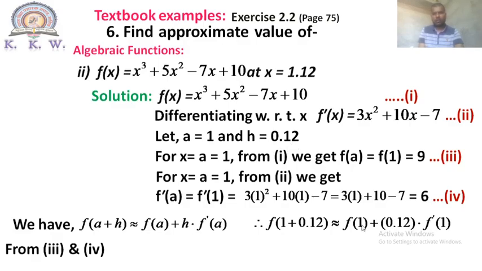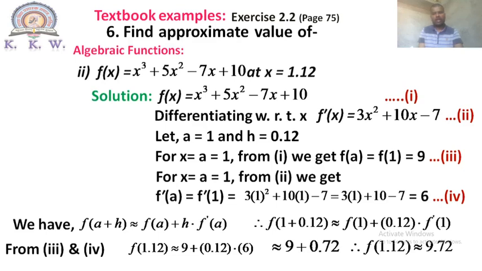Therefore, by putting these values and calculating, you will get f of 1.12 approximately equal to 9.72. Therefore, the value of the function f of x is equal to x cube plus 5x square minus 7x plus 10 at x is 1.12 is approximately equal to 9.72.